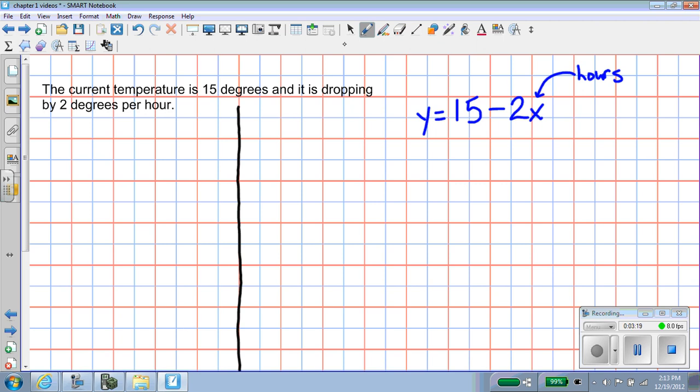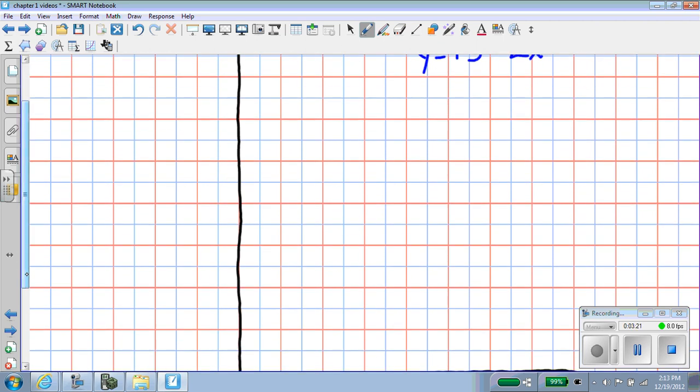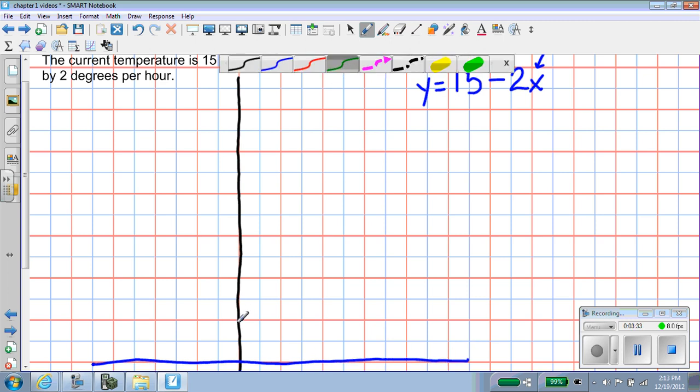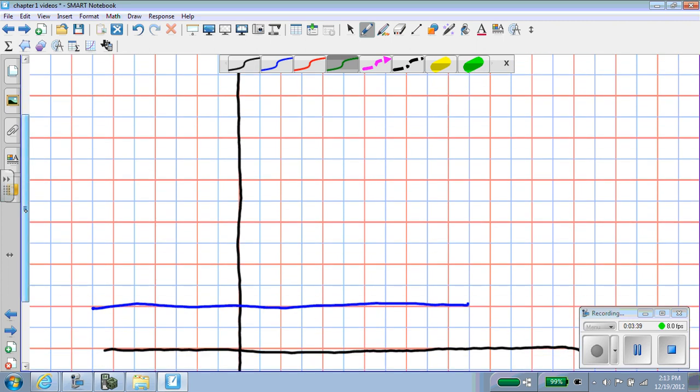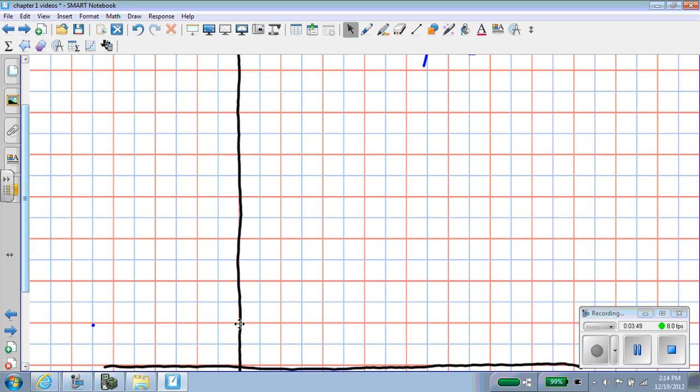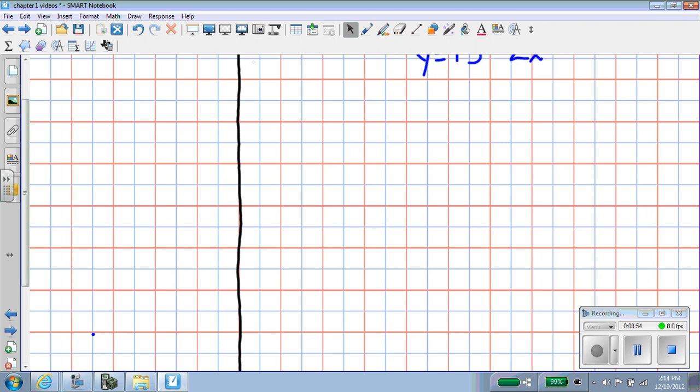If I were to graph this, let's give myself some space. It would graph 2, 4, 6, 8, 10, 12, 14, 15.